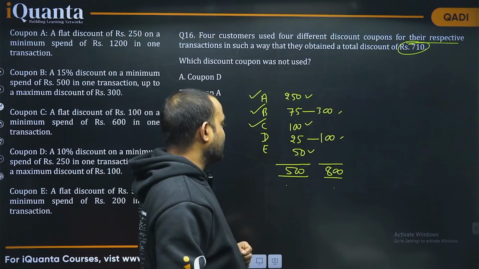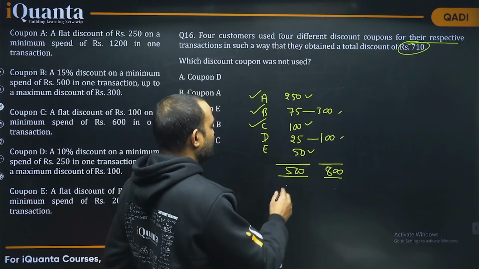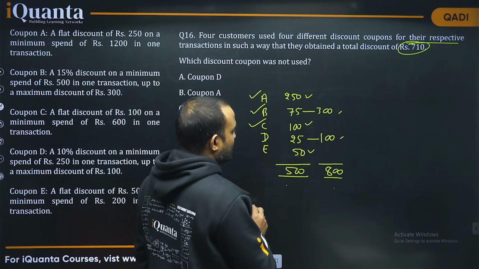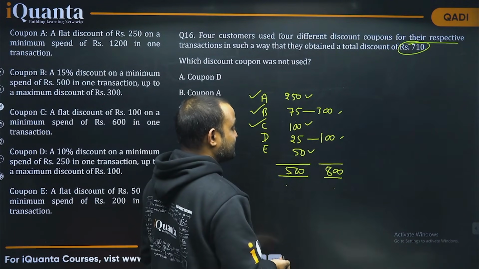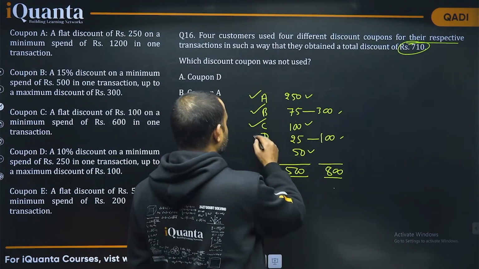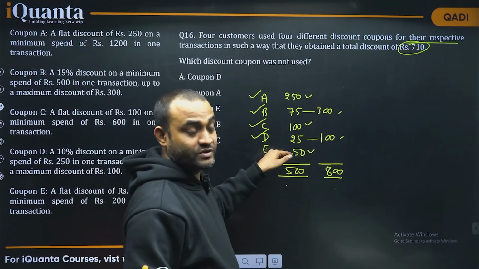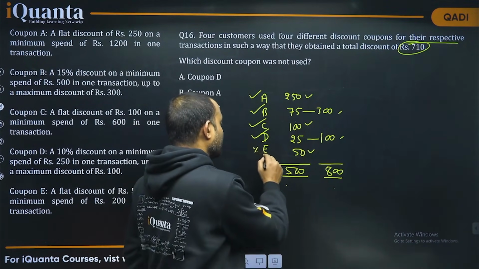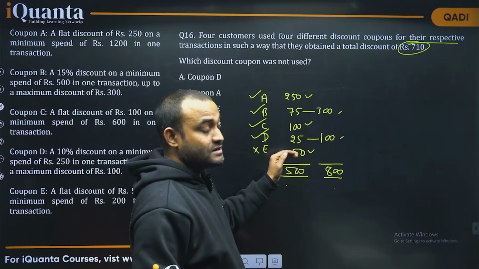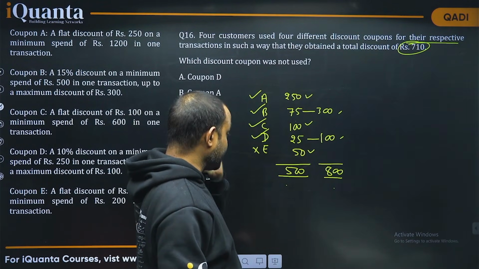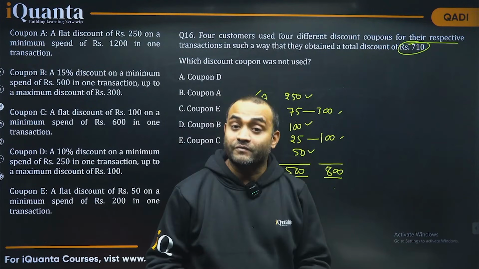What about D? If you remove discount D, then minimum will be 475 and maximum will be 700. So again, this one is mandatory. So we can ignore this one, right? E we can ignore because even without E, minimum discount that can be taken is 450 and maximum will be 750.